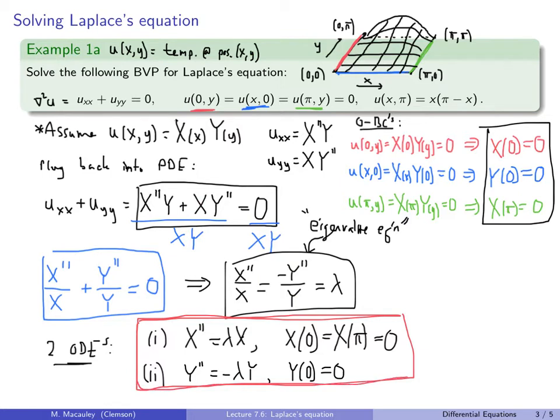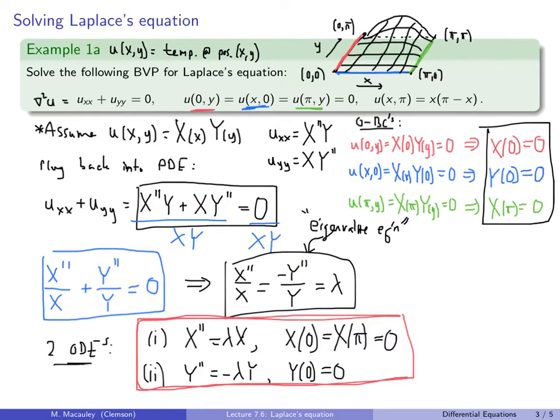So once we solve this, then all we have to use is this boundary condition. And remember, we've solved this first ODE. This is a boundary value problem, and this is something that came up in all the other PDEs that we've seen. So we know the solution to this.